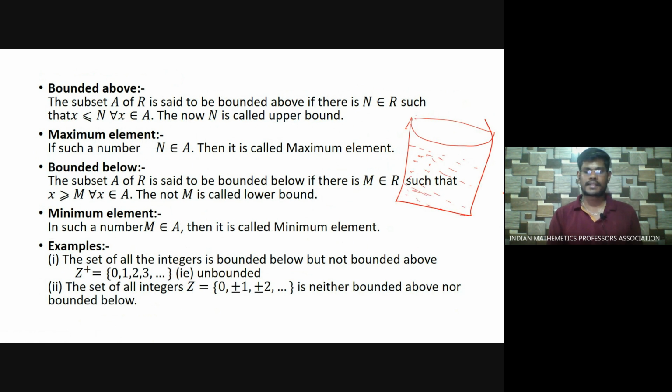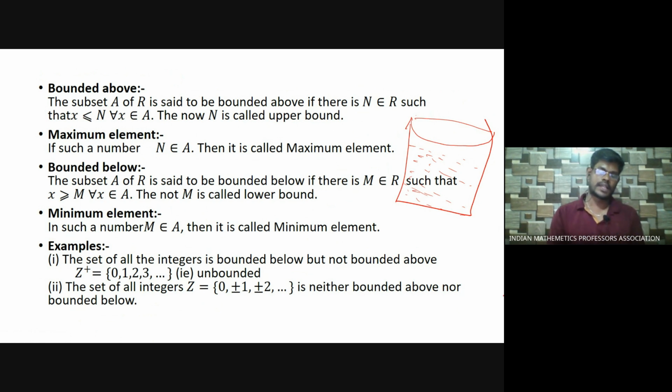The maximum capacity of the water level is an upper bound, and the minimum level of the water tank is called a lower bound. The maximum element and the minimum element: the maximum point on the water tank is called a maximum element. The same scenario for the minimum element.